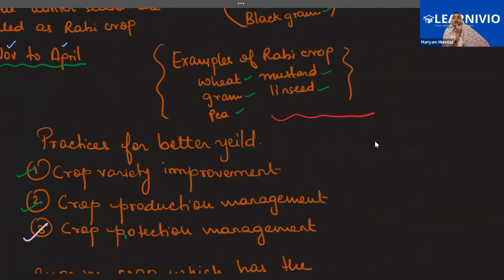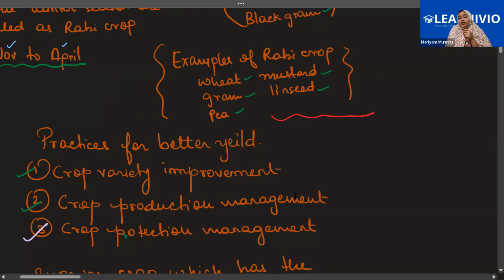If we talk about mango only, mango has so many different varieties present in India, also present outside India. In the same way, different crops have different varieties, and those varieties can be improved, and that is what we study under crop variety improvement.